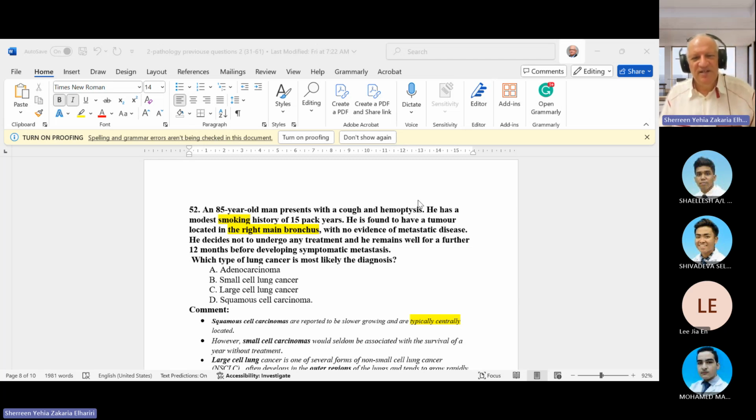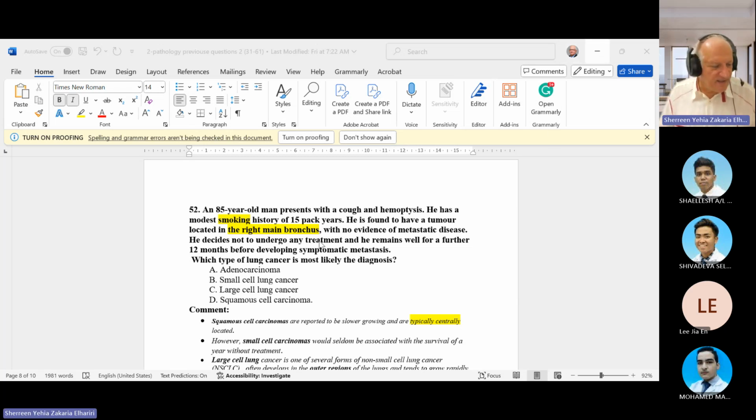Large cell carcinoma is very rare and aggressive. If the tumor is in the pleura, especially in an asbestos worker or factory worker, it is mesothelioma. So smoker, squamous cell, just SS, central; adenocarcinoma, non-smoker, periphery.